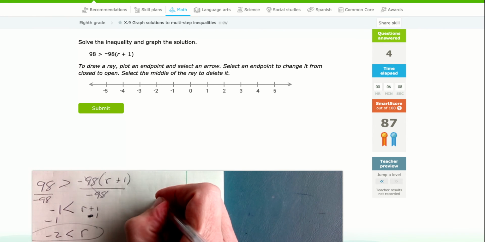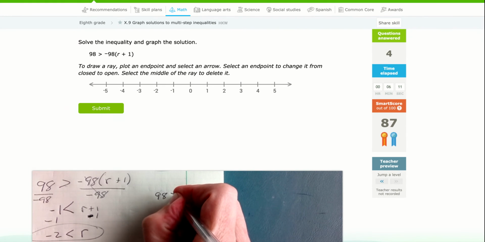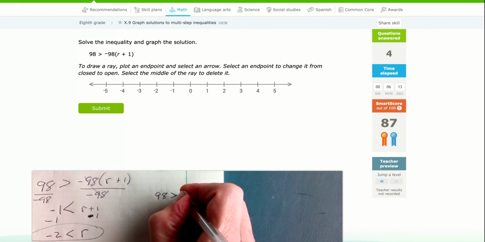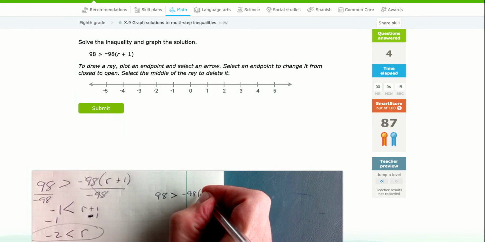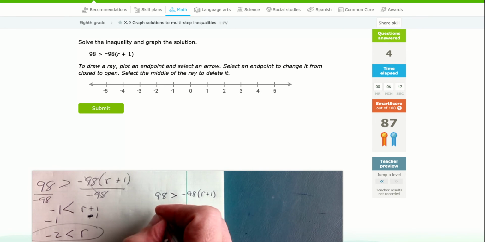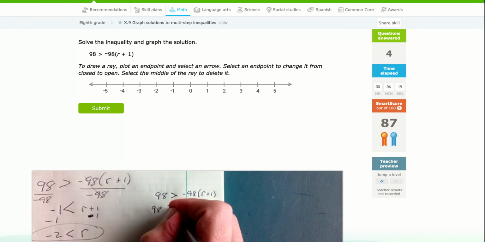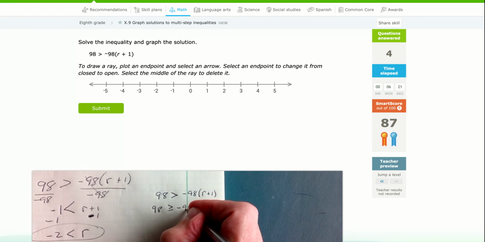If I take that 98 is greater than or equal to negative 98 parentheses r plus 1 and distribute it, 98 is greater than or equal to negative 98r minus 98.